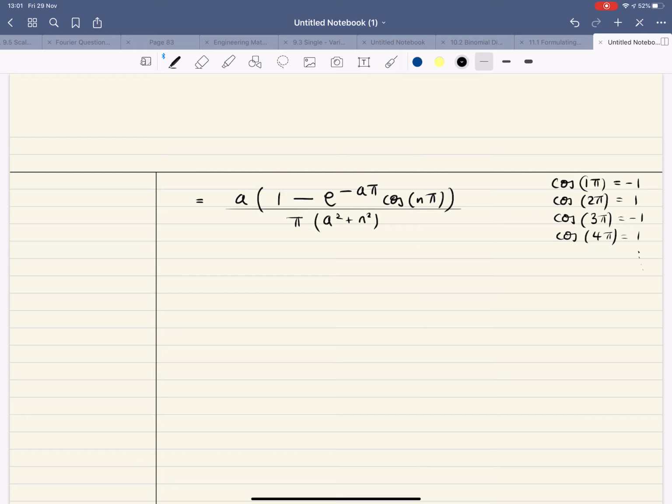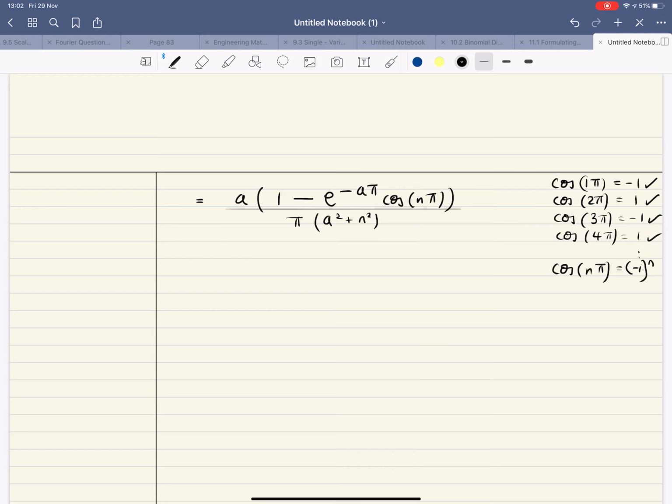So the way that we can say this, cos of n pi, is powers of minus 1 to the n, I believe. Let's look at this, because if n is 1, minus 1 to the 1 is minus 1, which is that one there. If n is 2, minus 1 squared is plus 1, so it works. So therefore it's going to work for the others.